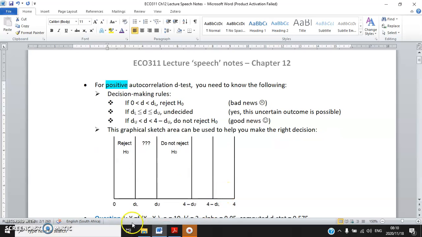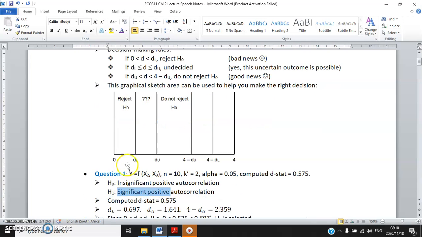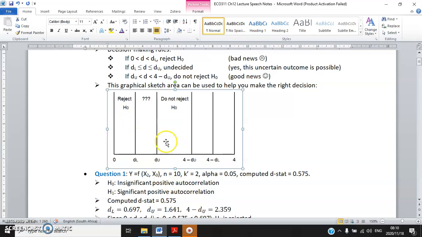So what you need to do is, from the D table, look for your DL, DU, 4 minus DU, 4 minus DL, and then think about the location of the computed d-stat. If it lies in the rejection region, you reject the null hypothesis, which is bad news. Remember, we don't want to reject the null hypothesis. If your computed d-stat lies between DU and 4 minus DU, then good news.